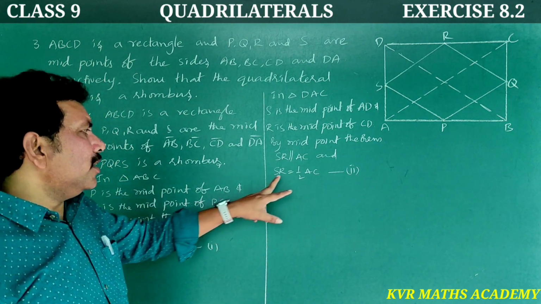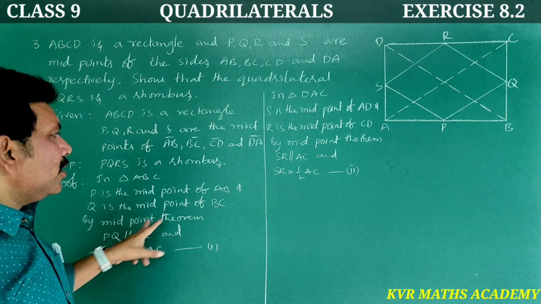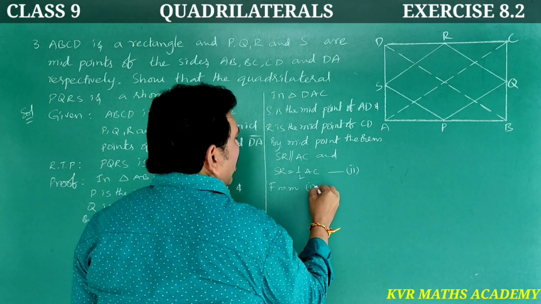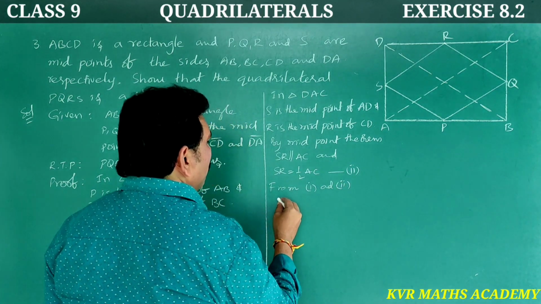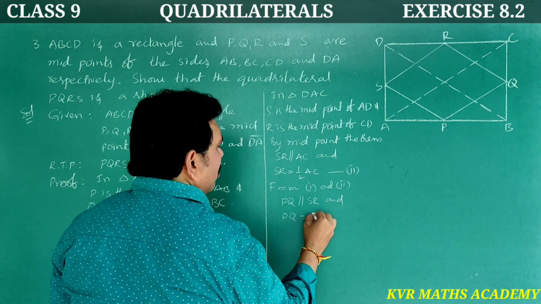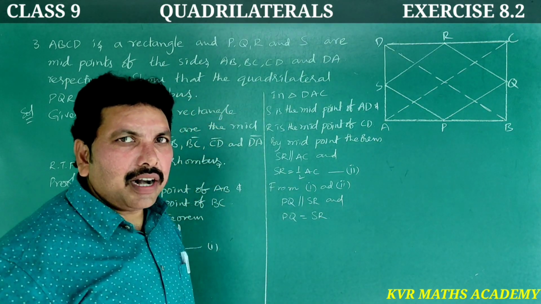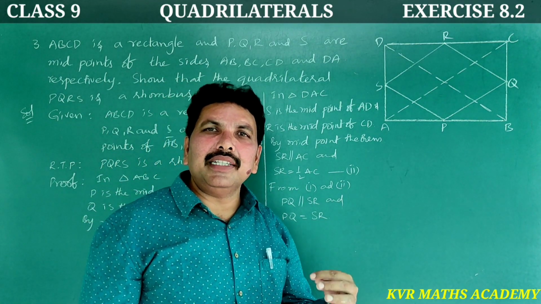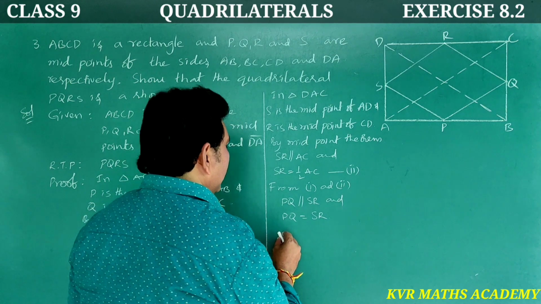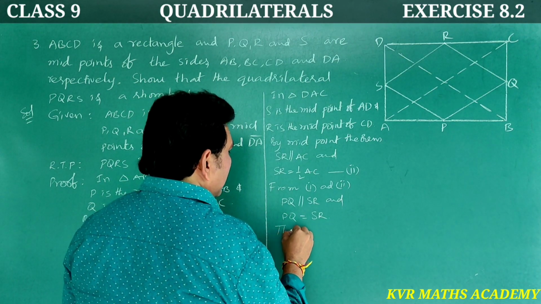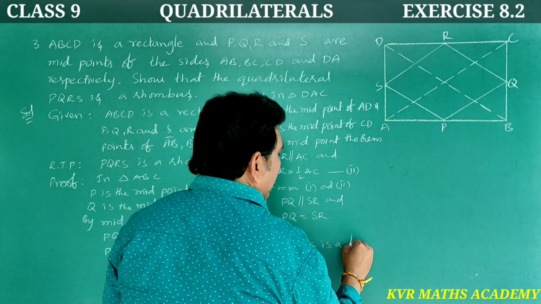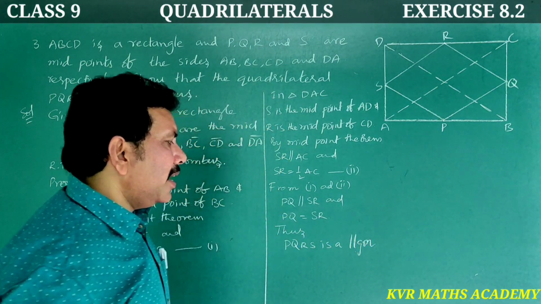That's why PQ is equal to SR, as well as PQ is parallel to SR. So from 1 and 2, PQ is parallel to SR and PQ is equal to SR. A quadrilateral in which one pair of opposite sides are equal and parallel is called a parallelogram, right? Thus PQRS is a parallelogram.